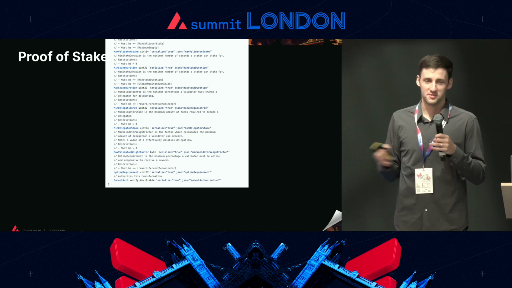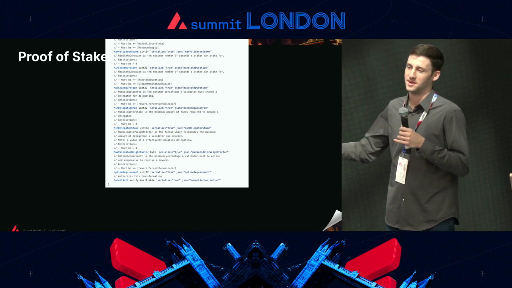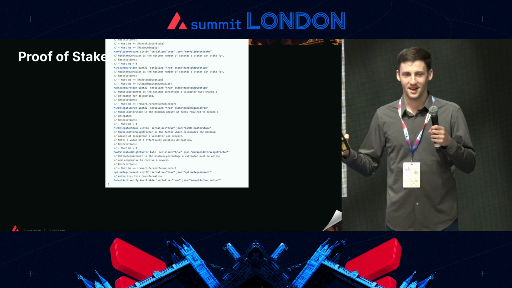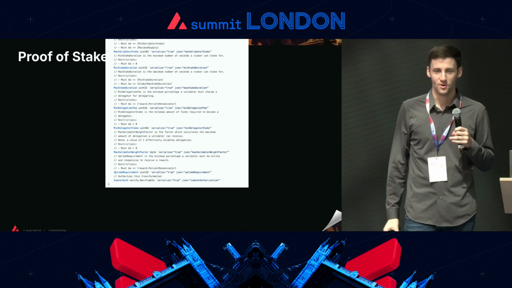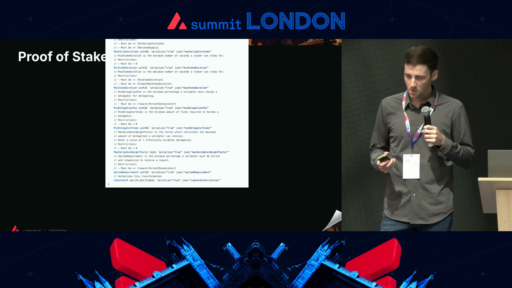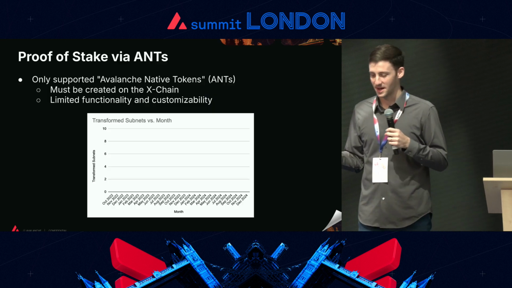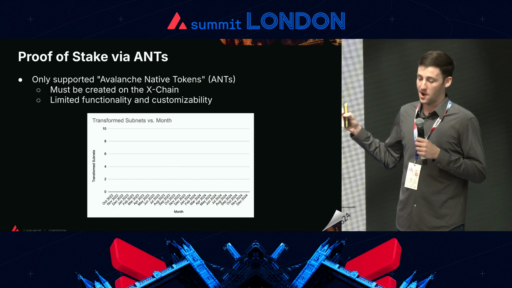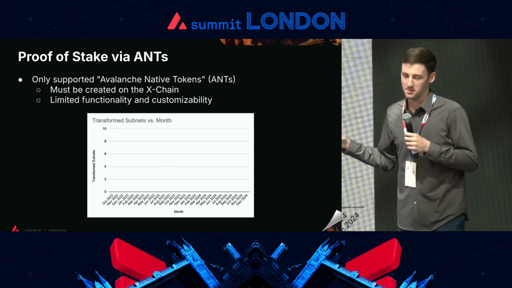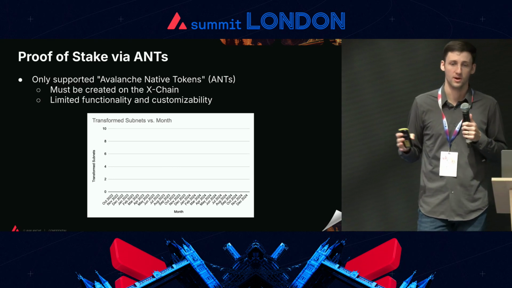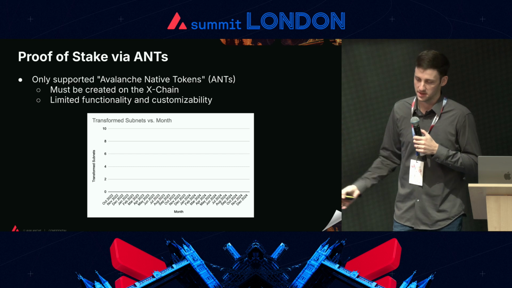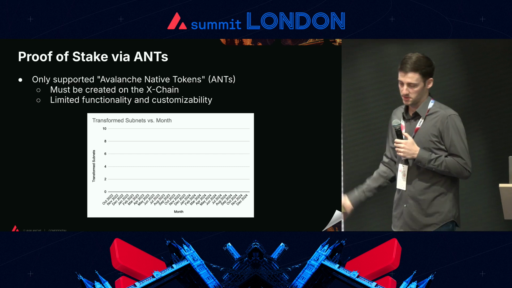To support a specific use case, you can always add a new knob, add a new parameter to make the square peg fit in the round hole. However, when we sat back and evaluated how this would be used, it became obvious that it wasn't generic enough to support these arbitrary validator management mechanisms that projects were looking for.